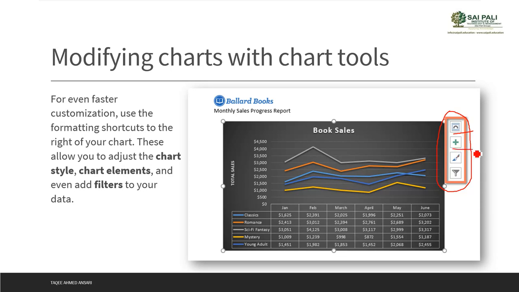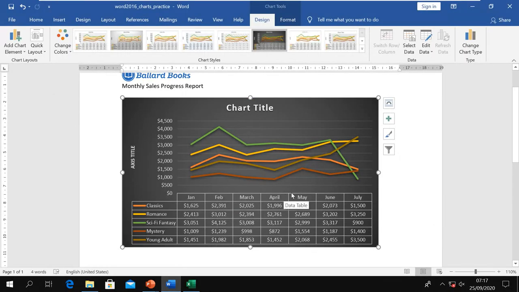Then from here you can add and remove the elements, and you can even filter your data, like what you want to see and what you don't want to see, and you can even change the style of the chart. So you can do it directly from this quick menu, as we see here on this side.